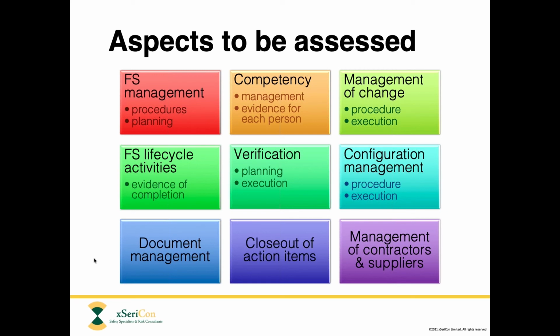We also need to see evidence for each key person. So we want to see usually some kind of checklist or some kind of assessment, maybe done by the personnel department, HR or whoever it may be, for confirming the competency of each individual.